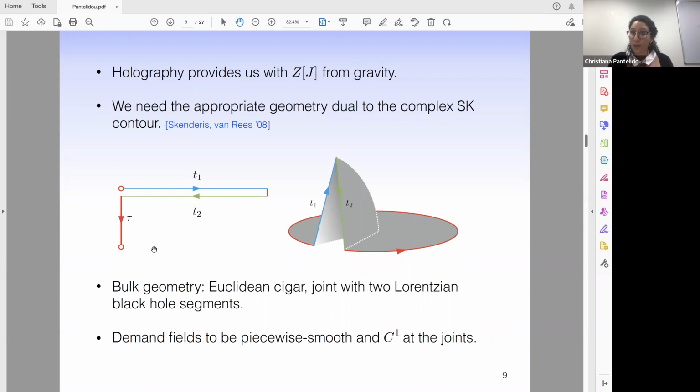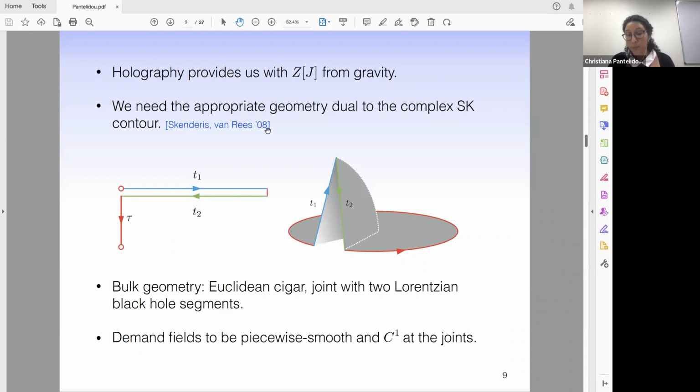So when we go and compute the string theory path integral, we essentially approximate it by evaluating it on a saddle point once again, but that saddle point has to be dual now to this Schwinger-Keldysh contour. Okay, and this is precisely what Skenderis and van Rees did in their paper in 2008.